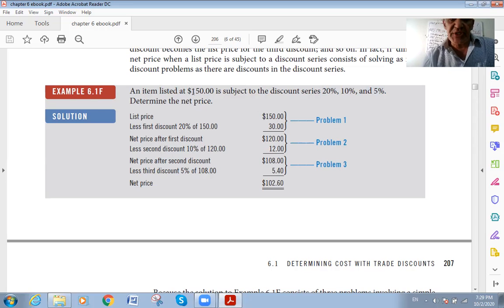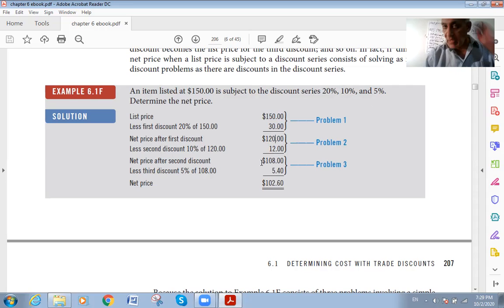So the first one, the original price from the factory, $150. Okay. And the first percentage or discount is 20%. Then I will multiply 150 by 20%. Then the discount is $30. You went to buy sunglasses at $150 with a 20% discount. Then this 20% discount comes to $30. Then you will say 150 is what you're supposed to pay, but now you have a discount of $30, which means you will pay only $120.